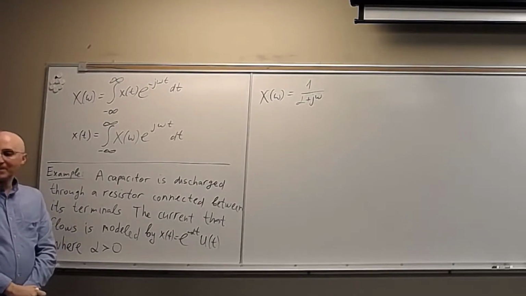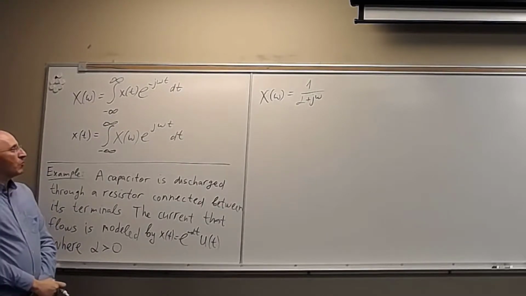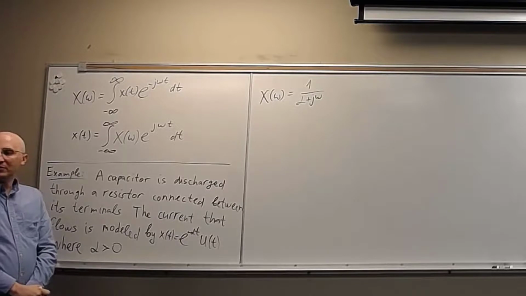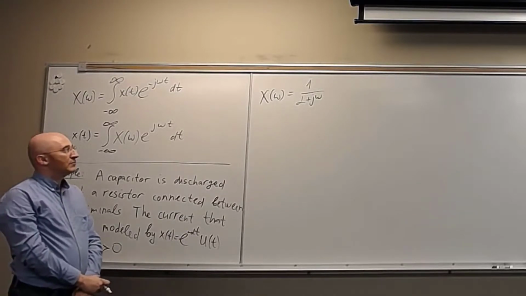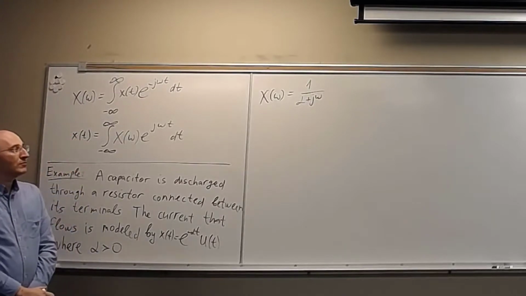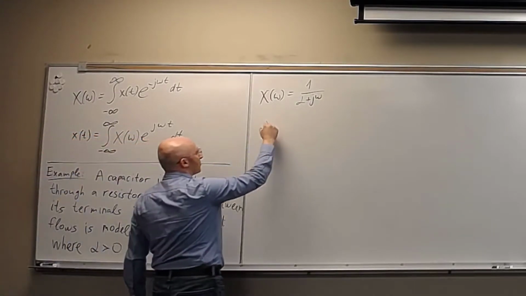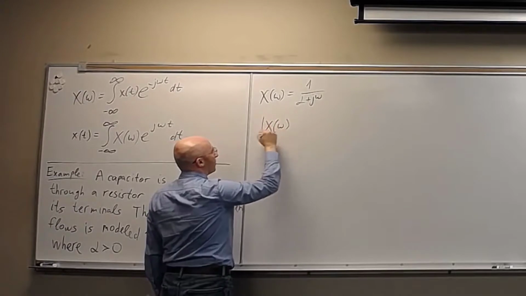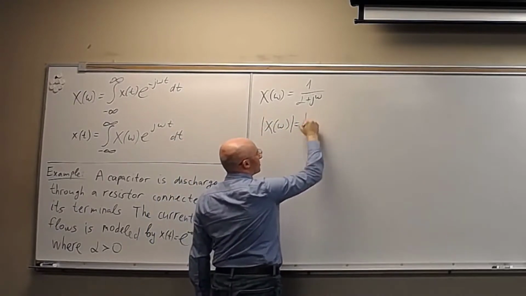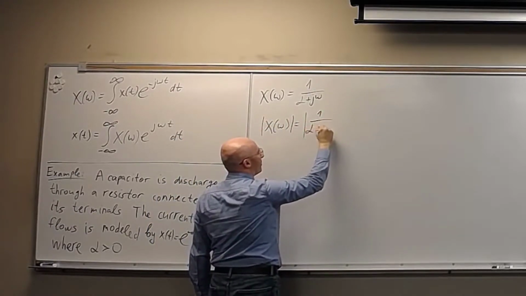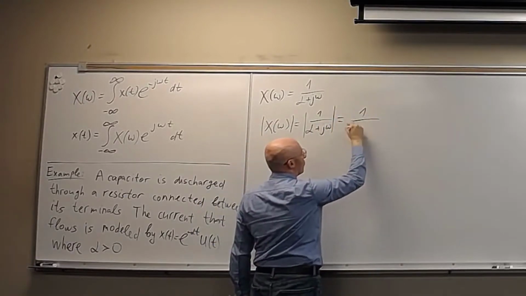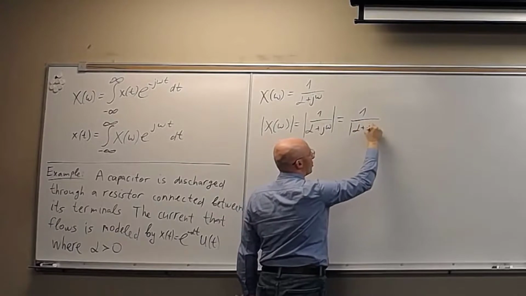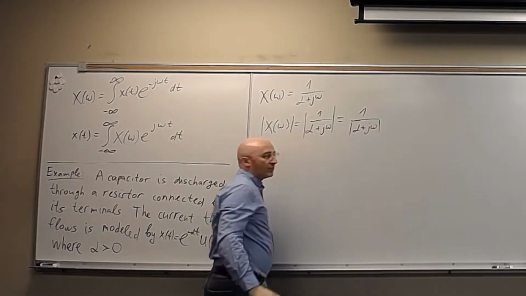Now, the magnitude. So what is the magnitude of that thing? It's the absolute value of 1 over alpha plus j omega. So it's 1 over the absolute value of alpha plus j omega, right?